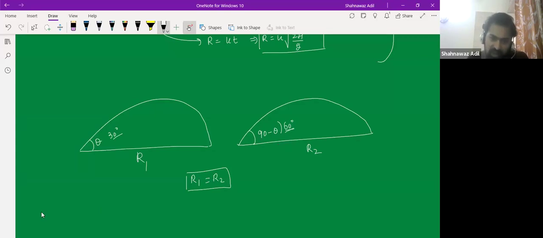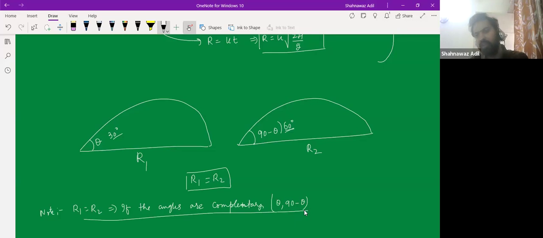So this is a point to remember that R1 equals R2 if the angles are complementary, which means one angle is theta and the other is 90 minus theta. This is the important point to remember.